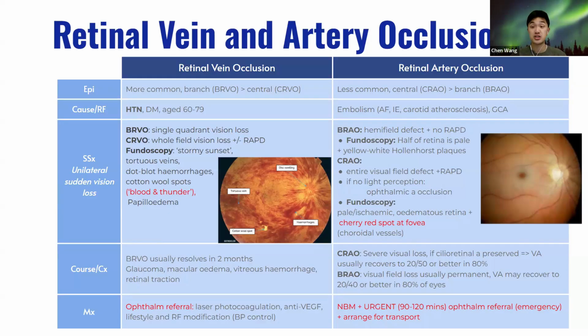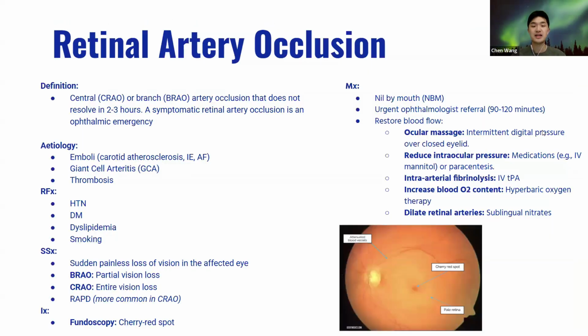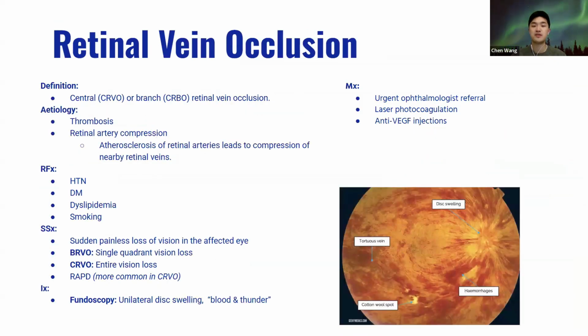Importantly, this is an urgent medical emergency, so the retina can only survive for about 90 to 120 minutes in ischemic conditions. After that, they're gone. So we need an immediate, urgent, emergency ophthalmology referral, and we need to arrange transport for the patient as well to salvage the retina. And here's some more information if you'd like to know more about retinal artery occlusion and retinal vein occlusion.